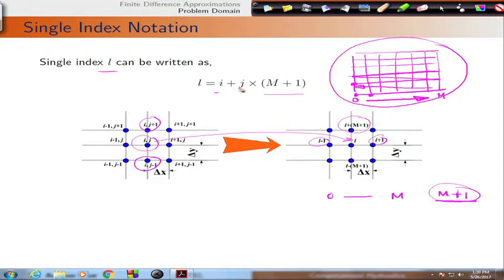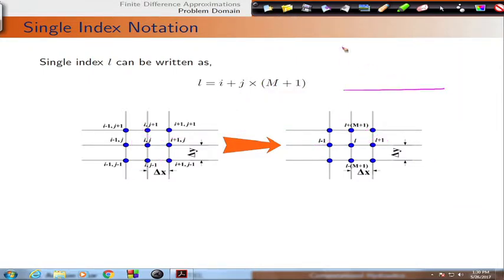So, we are starting with j equals 0 level. For the j equals 0 level, we have 0 to m, m plus 1 number of points, starting from 0 to m.